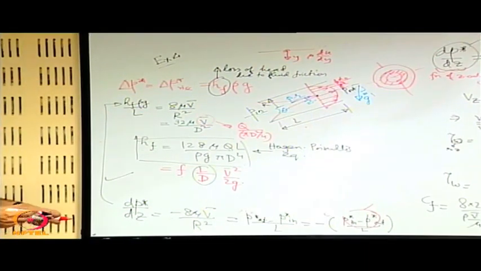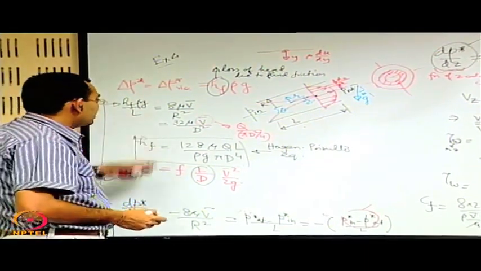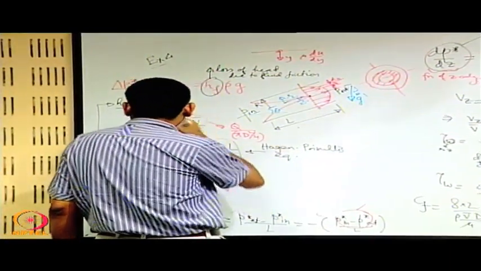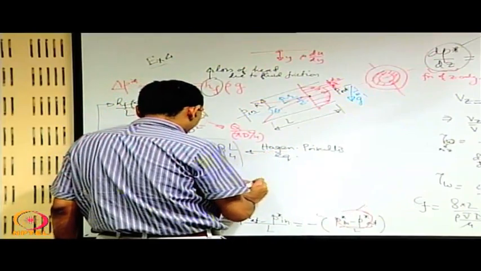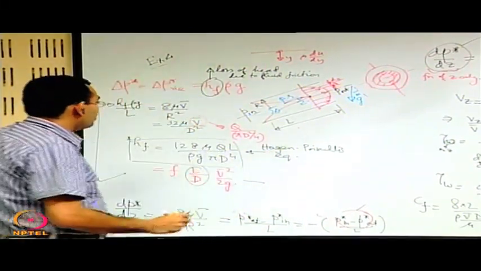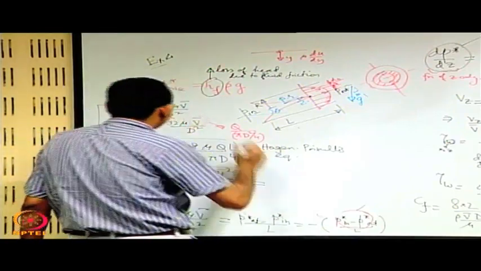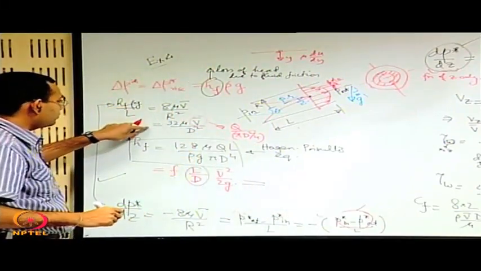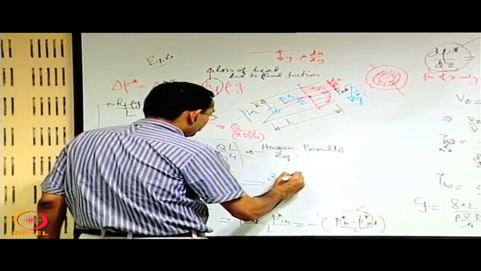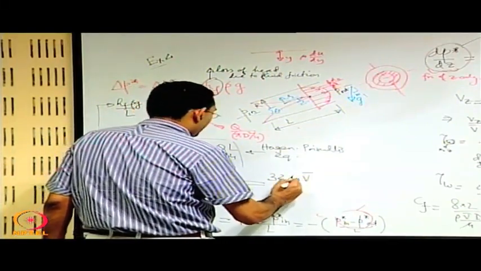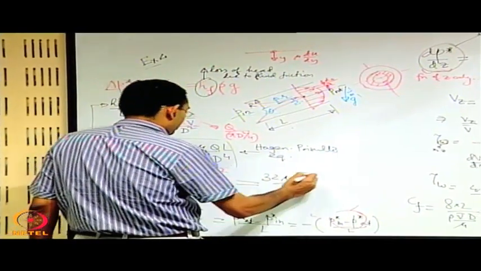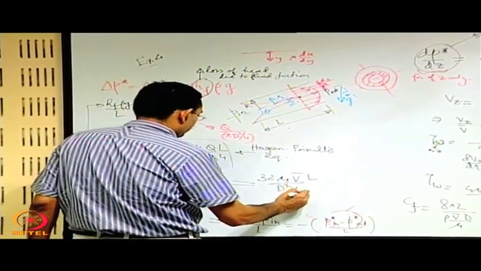So if you just equate these two, you have HF as f L by d V square by 2g, and that is equal to whatever expression of HF we had, 32 mu V bar by d square into L by rho g.